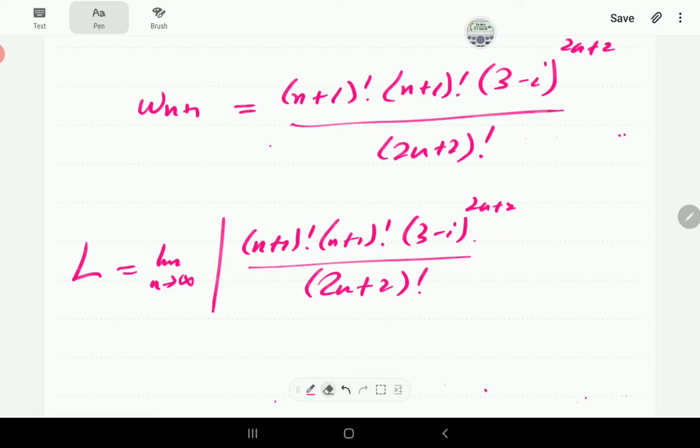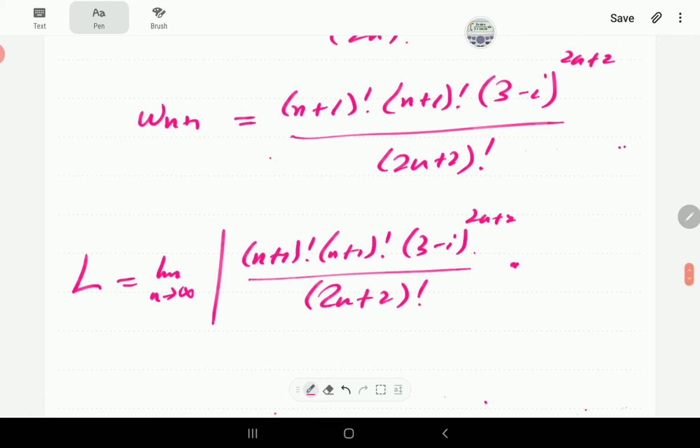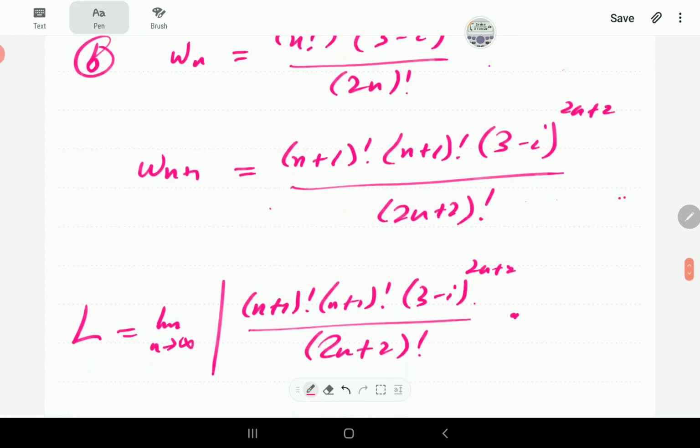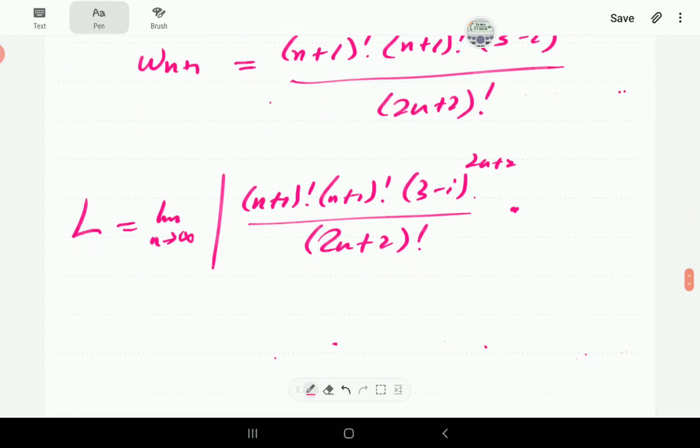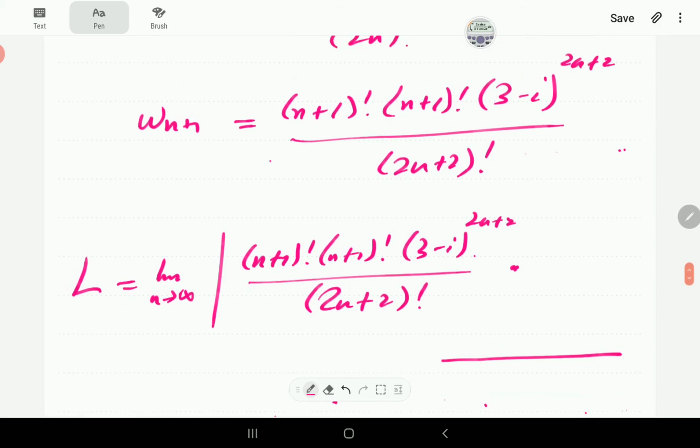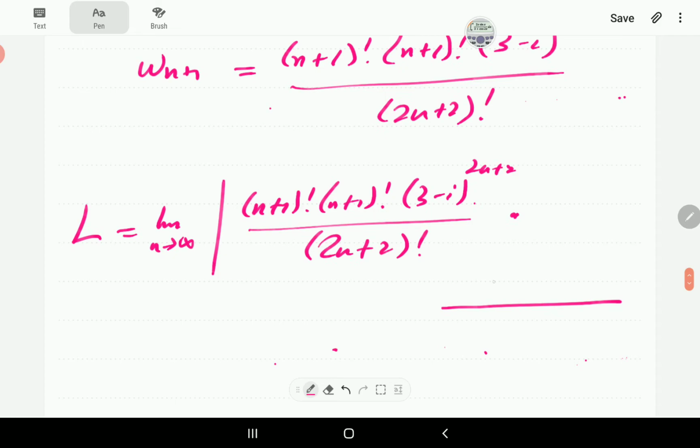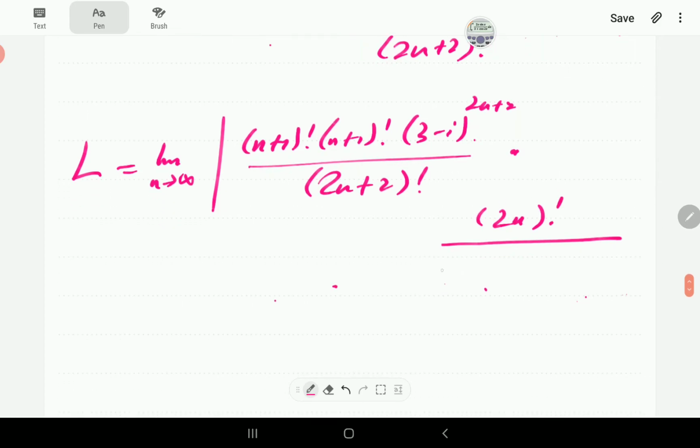Then we are going to multiply this by the reciprocal of Wn. So just write it here. In the numerator we're going to have (2n) factorial. Here we're going to have n factorial times n factorial, and then (3 minus i) to the power 2n.